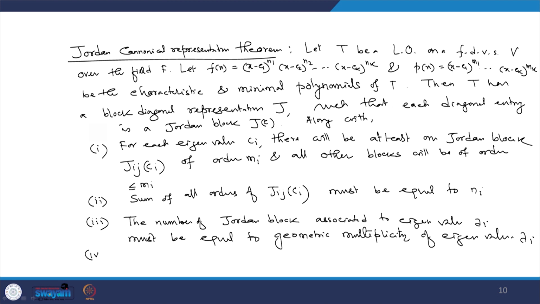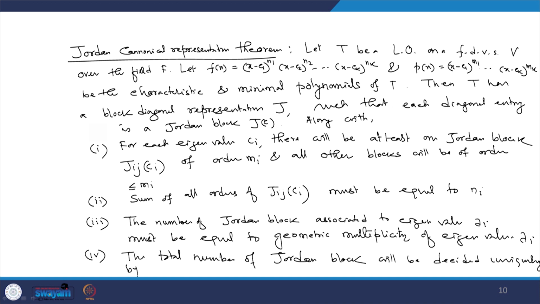Fourth one, the total number of Jordan blocks will be decided uniquely by the operator T. So, this is called the Jordan canonical representation theorem.